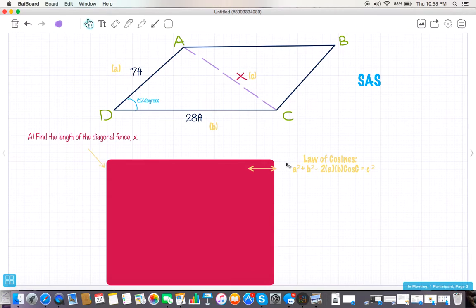Our first step would be to write out the first part of the equation.